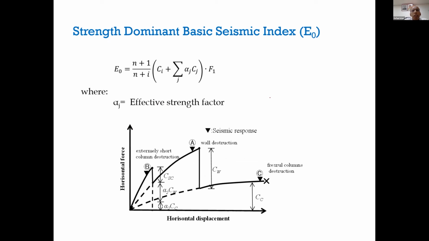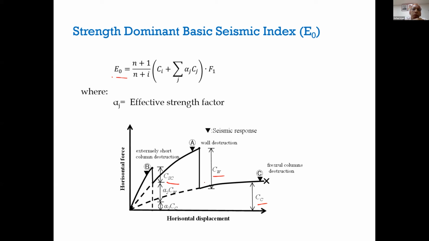And that's why, when we calculate the E0, the basic seismic index, E0 is calculated based on the capacity of various types of vertical members. There are some members, short columns, shear walls, or some ductile columns. So one by one its capacity is calculated. There are actually two ways to calculate the E0 basic capacity.